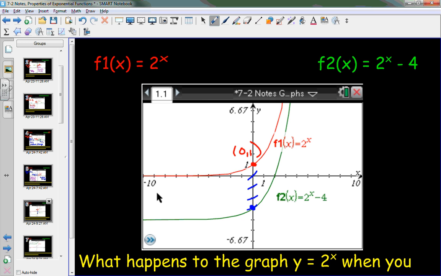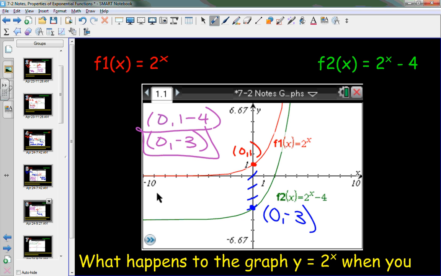0, negative 3. Why is it 0, negative 3? That doesn't make sense to me. What did I do? You subtracted 4. I subtracted 4 from what? Y. I took my y coordinate and I subtracted 4 units off of it, and that's where I'm getting the 0, negative 3.